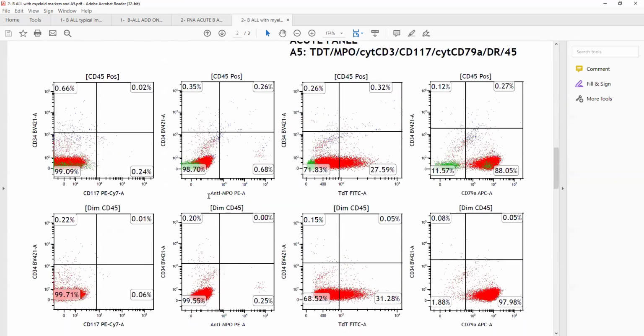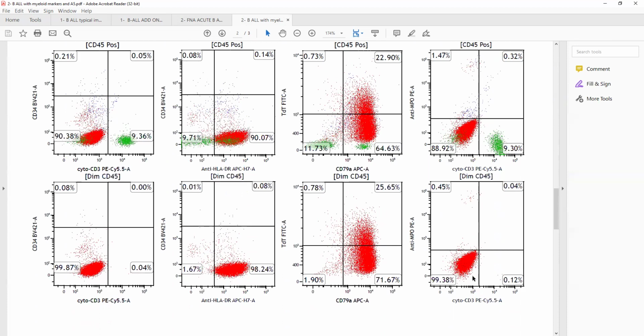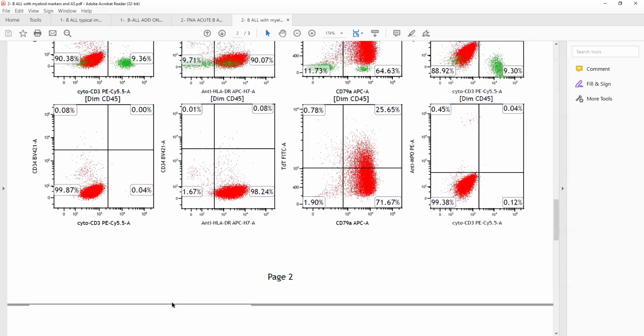This population is negative for MPO, and this population is dim for TDT and positive for CD79A. And as you can see here, HLA-DR is positive, and cytoplasmic CD3 is negative. Interestingly, this population is negative for CD34.